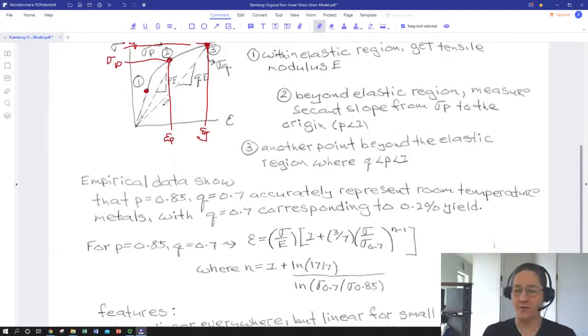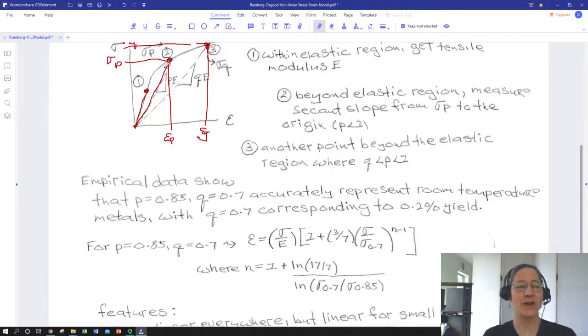So basically, the further out we go, going from point 1 to point 2 to point 3, the slope of a line drawn from the origin up to the stress point on the curve is going to get lower. So our steepest slope is the actual elastic modulus. Then the slope of the line going from the origin to point 2 at sigma P is going to be less.